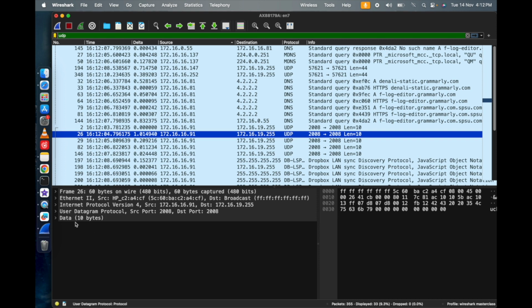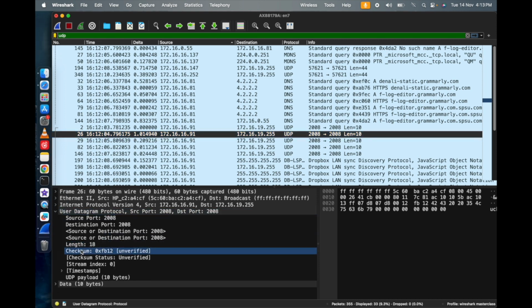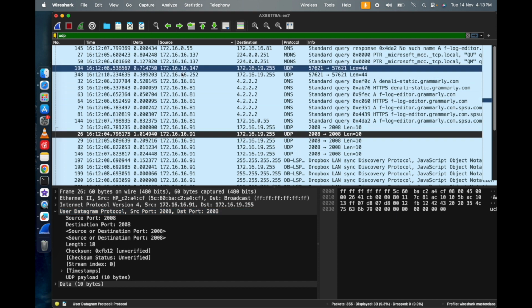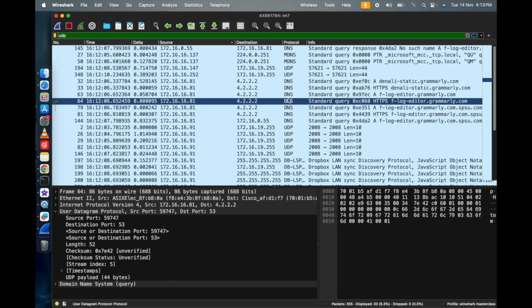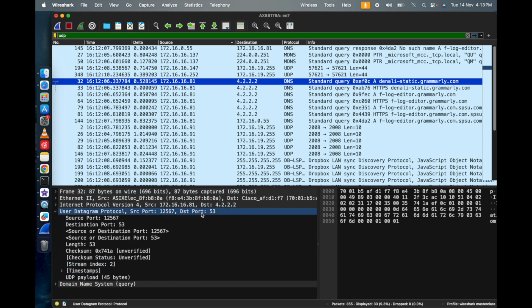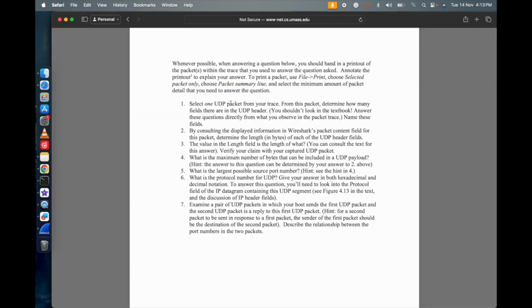So over here, instead of selecting that thing, I'd be selecting the standard query right over here, and over here the UDP protocol has been present, right? So now in the UDP there are four header fields known as source port, destination port, length, checksum, and these are the four header fields in the UDP.